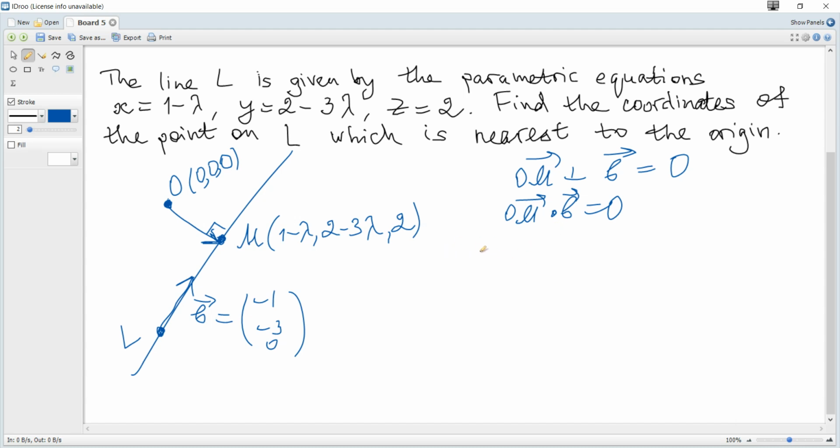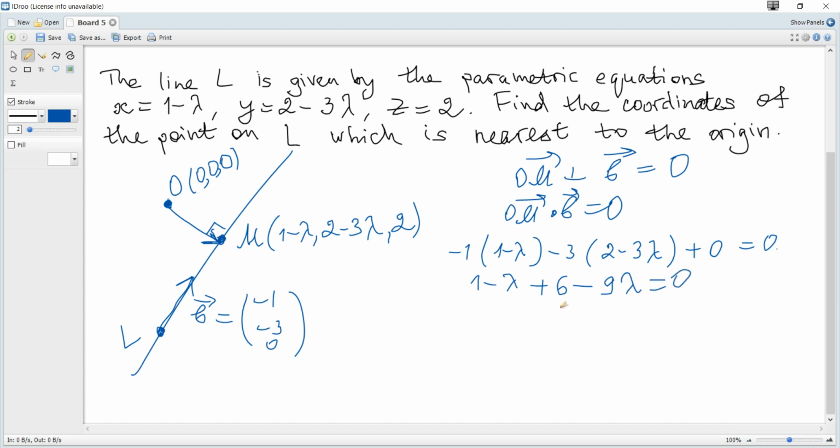So this dot product becomes -1 multiplied by 1 minus lambda plus -3 multiplied by 2 minus 3 lambda plus 0 multiplied by 2, and this is 0. We can divide by -1, so it becomes 1 minus lambda plus 6 minus 9 lambda is 0. Hence 10 lambda is 7, lambda is 7 over 10.